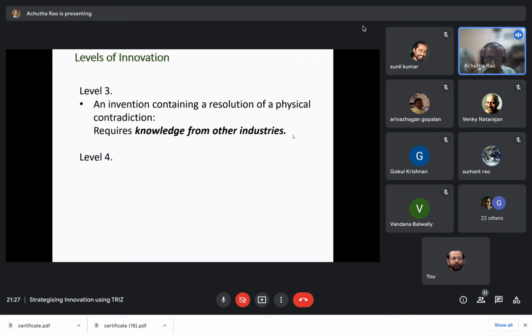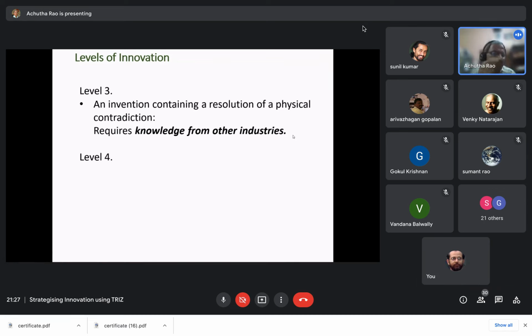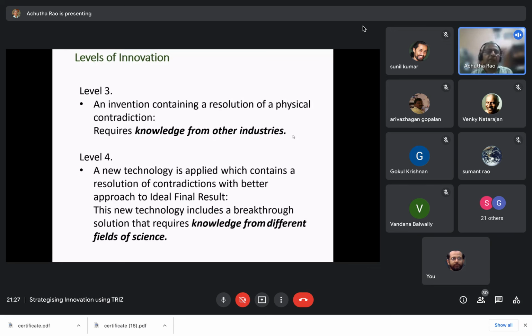So level 4, I don't bother about the current system, and I want to develop an entirely new system which does not have any of these contradictions. So I'm not improving any existing system. This requires a different set of knowledge altogether. Level 4, a new technology is applied which contains a resolution of contradictions with a better approach to what we call the ideal result.